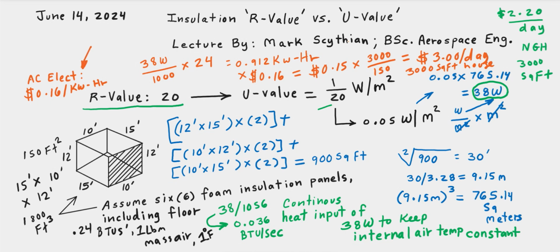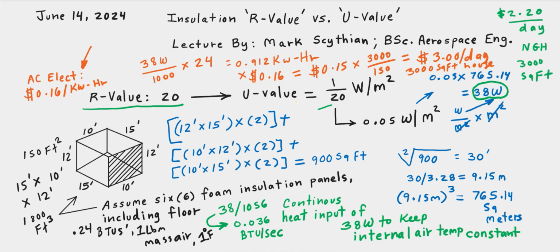So figuring out if it's the watts electric heating, like a 2,000 watt heater, or when it comes on or off, or if it's an analog thermostat, or if it's graduated, it all culminates to this 38 average watts per second, or watts over time, so that culminates to 0.036 BTUs per second of heat, or 38 watts continuously, and that includes the off and on times, but it's the average value.